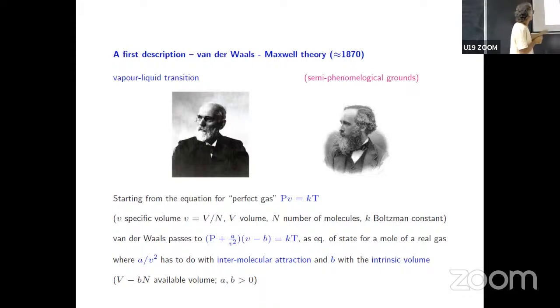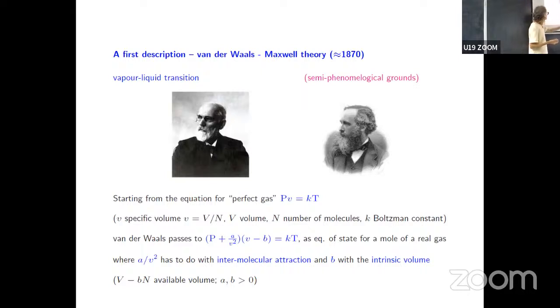So out of this equation, he says, well, let me improve it a bit by considering that the particle, the molecule, is not a point, it has some volume. So I consider that it has some volume that's called b. Then instead of keeping V, I should keep V minus b, because this is the available volume for each, N being the number of particles.